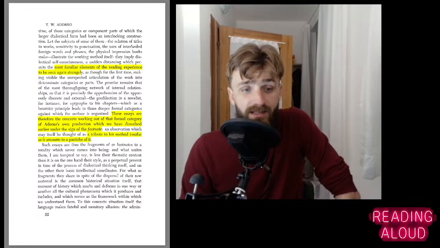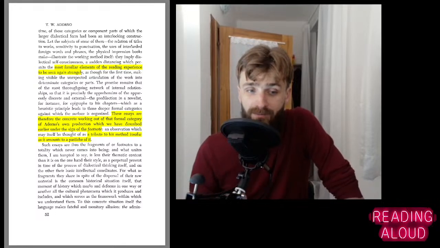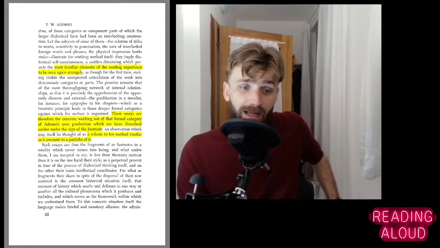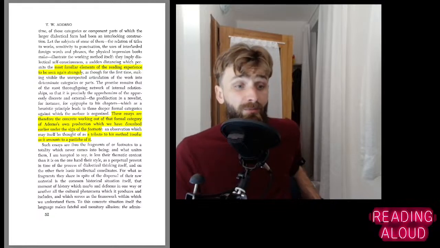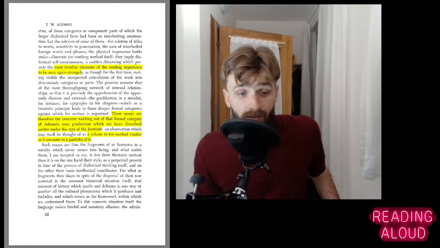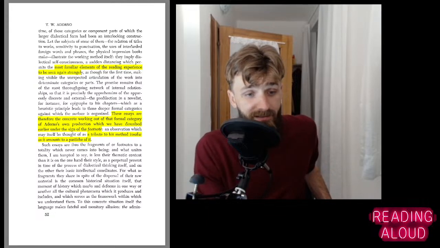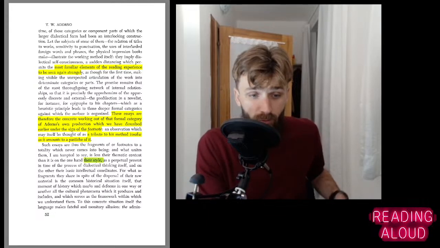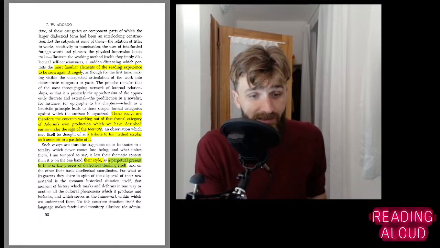Such essays are thus the fragments of, or footnotes to, a totality which never comes into being, and what unites them, I intended to say, is less their thematic content than, on the one hand, their style, as a perceptual present in the time of the process of dialectical thinking itself, and on the other, their basic intellectual coordinates.